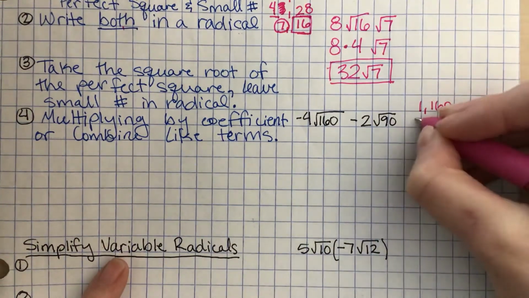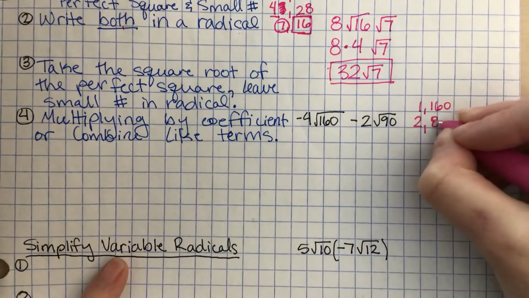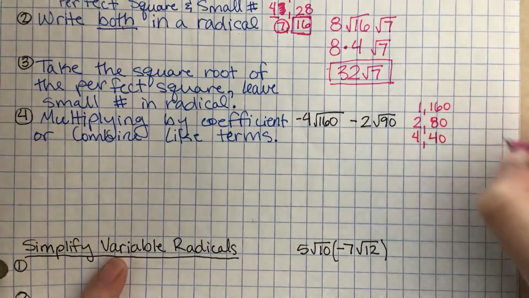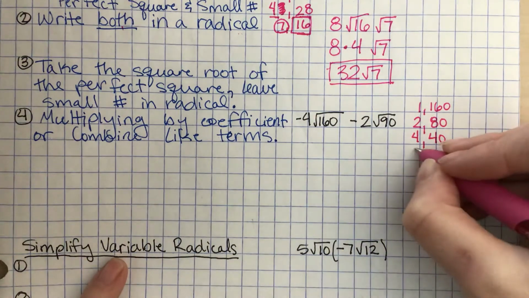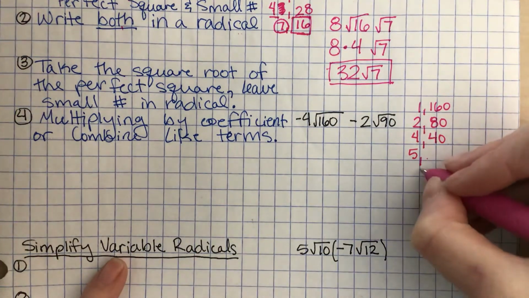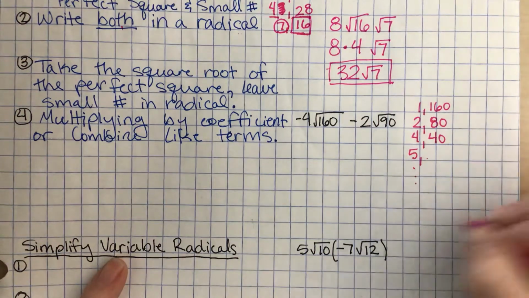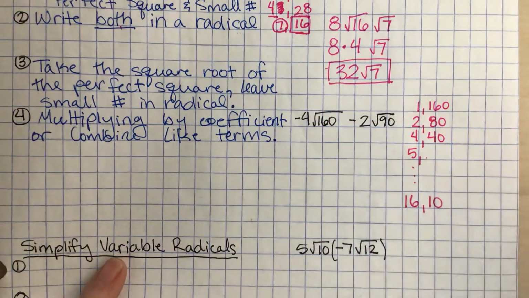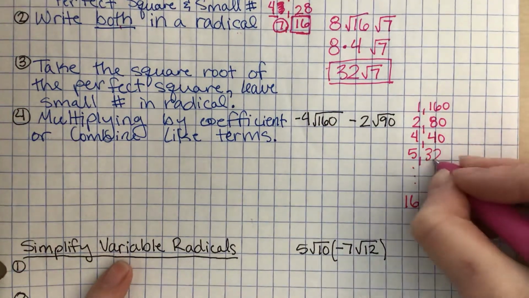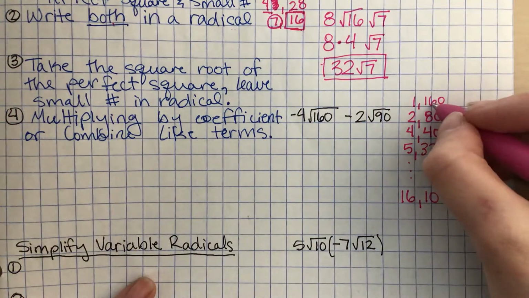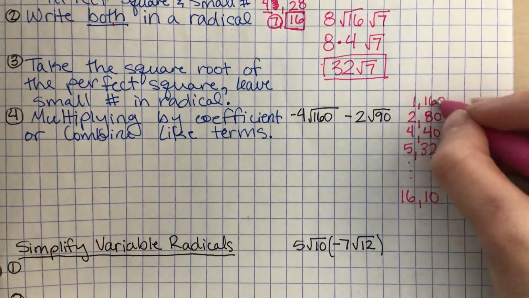We want to list the factors. 2 and 80. 4 and 40. 5 and 32. And we could keep going. I know that the factor set that's going to work, though, is 16 and 10. I know that because 16 and 10 gives me 160.